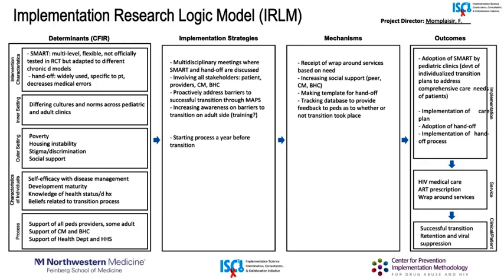It's really a process of assessing the needs for the patient in terms of readiness, in terms of knowledge, of self-efficacy and health beliefs, and then coming up with a set of interventions to help readiness for the transition. So in general, it's multi-level, it's flexible, it hasn't been officially tested in an RCT. Again, there's no published EBIs, but I think this presents a good start in terms of thinking about ways to improve the transition process.